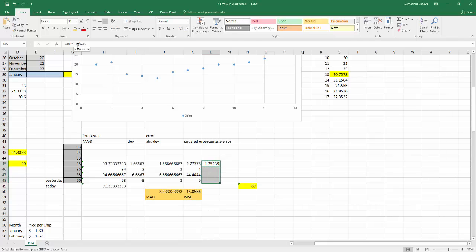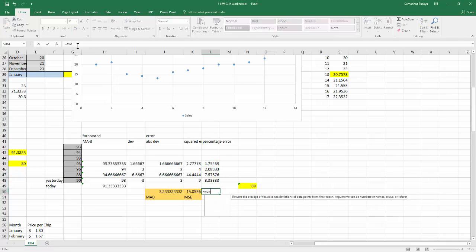So we were 1.75% off on this day when the temperature was 95, and yesterday we were 3.3% off in predicting. At this point, if you were to calculate the average deviation in terms of percentage, that gives us the mean absolute percentage error, which is this.